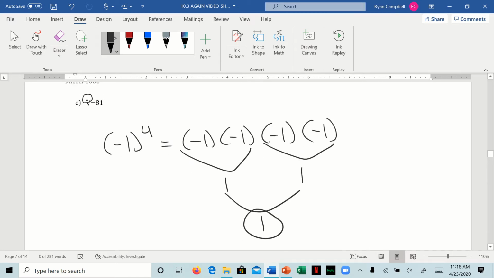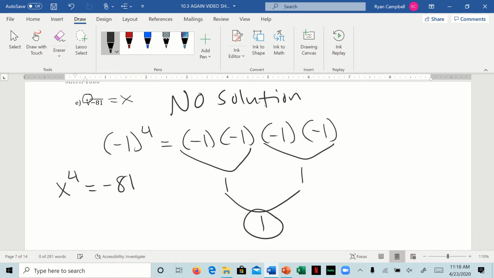So if you multiply a negative an even number of times, you always get positive, or 0 if it's 0, right? When would you ever get a negative answer? Because if x to the fourth power is negative 81, well, this would never happen, because anytime you raise something to an even power, it's always positive or 0. So for this one, there's no solution.